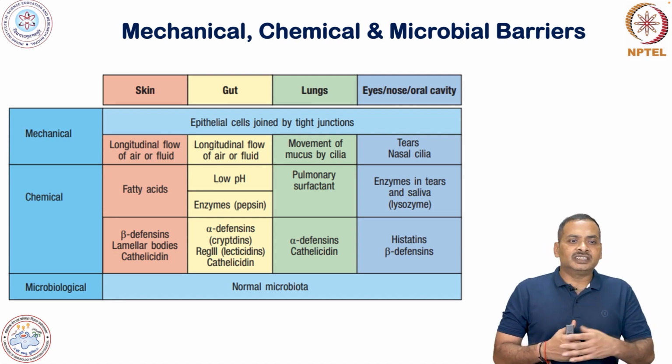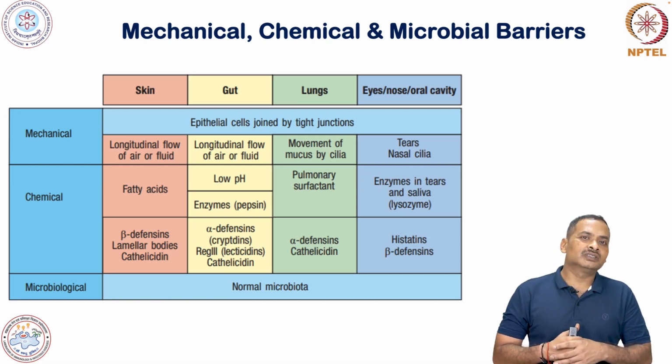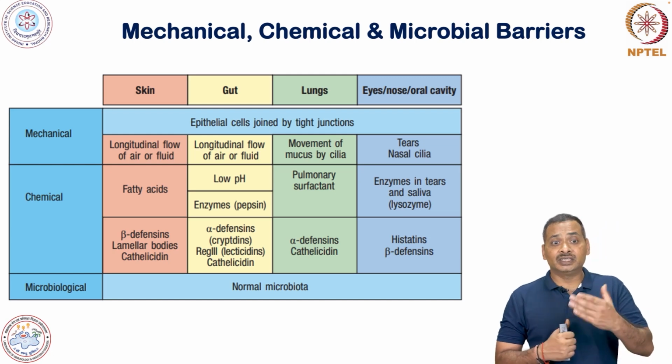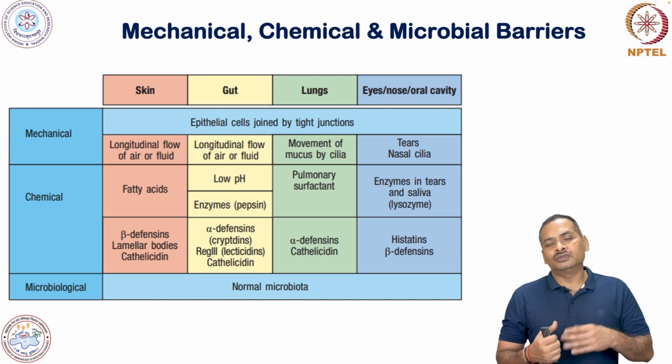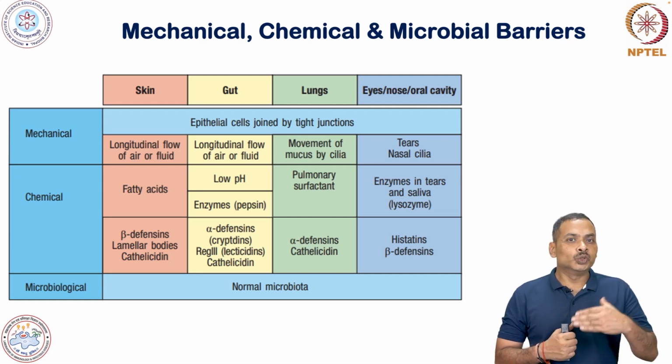Besides this, in skin there is a longitudinal flow of air or fluid that prevents the entry of pathogens. In the gut there is also a longitudinal flow of air and fluid. We will discuss the mucus.